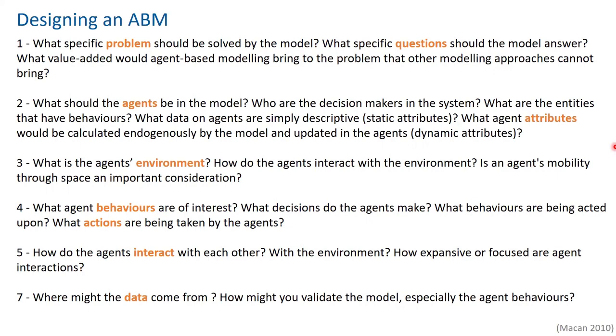Then you define the behaviors and actions of the agents within this environment, and how agents interact with each other and with the environment. And finally, which is becoming more and more important, you try to validate your model, and there is some data that you can use to specify some of the parameters in your model.